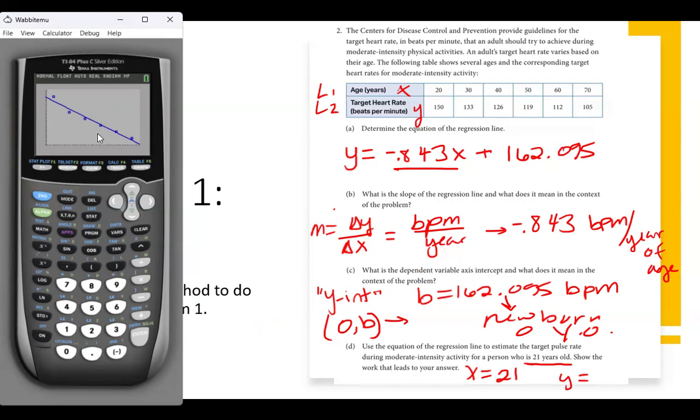To analyze your graph while it's here, you press second trace. Don't press trace, press second trace. And you see what says value? You can type in whatever x value you want. It even says x equals, and our x equals 21. And I press enter, and it's going to tell me the value of y. Do we see that? Okay.